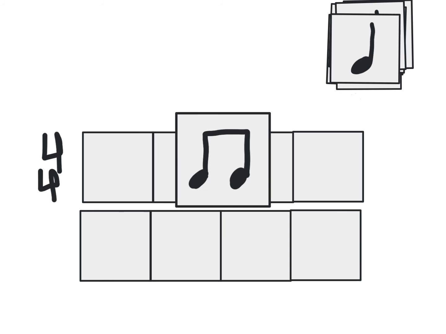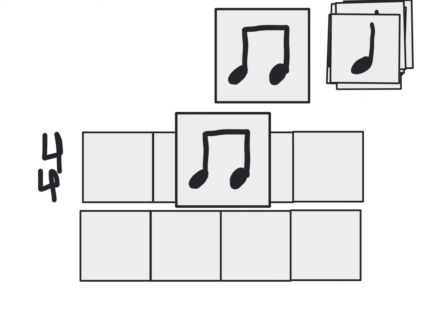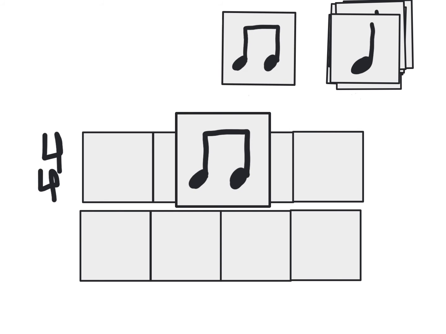Another type of note we have is what we call an 8th note. And 8th notes generally come in pairs, not always, but generally they come in pairs. They like to hold hands and chill out in the beat, okay? And when we use 8th notes, 2 of those notes fit into 1 box.